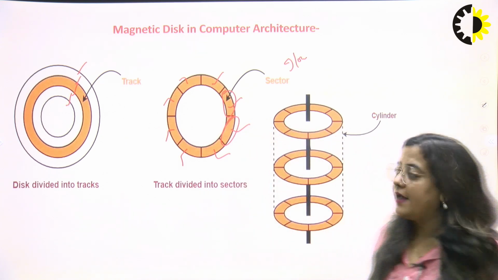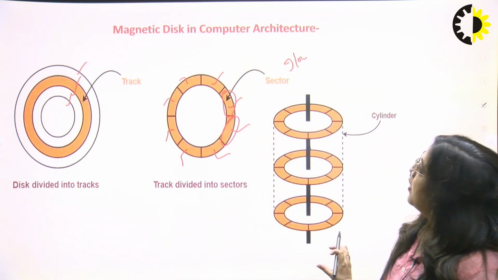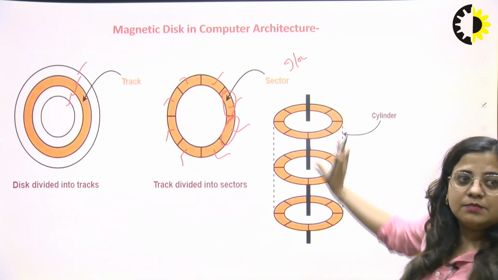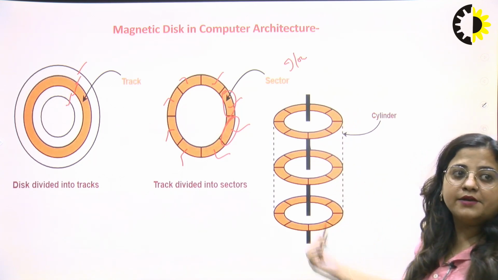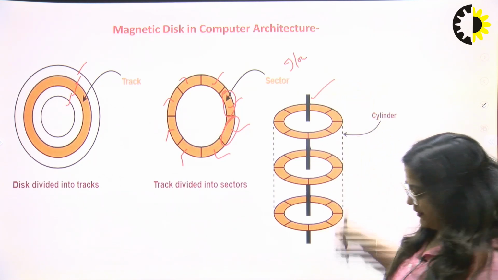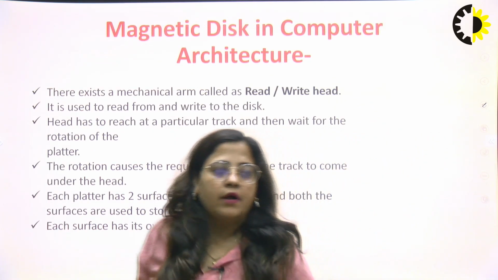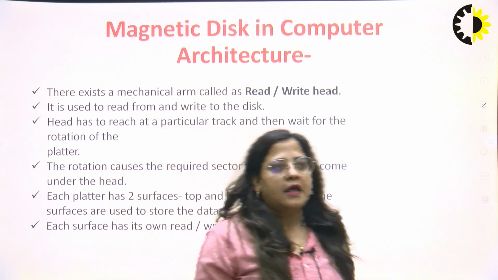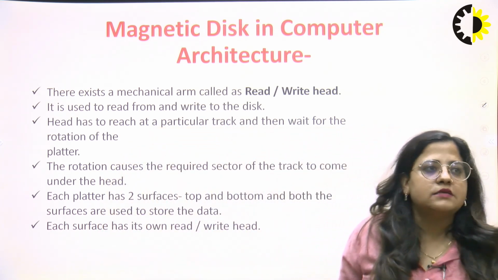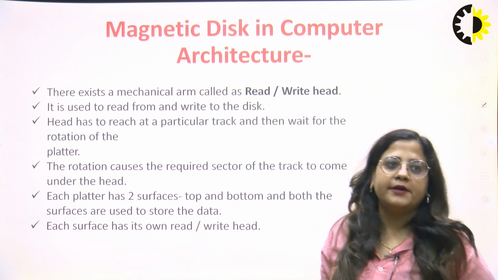This is the diagram of a magnetic disk, which looks like a cylinder, and this is called the spindle. There exists a mechanical arm called the read write head.